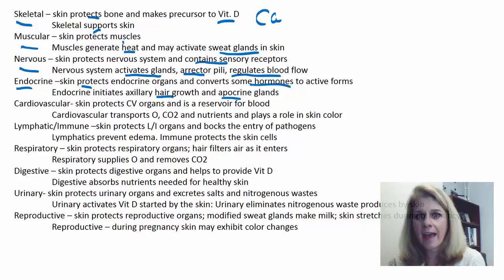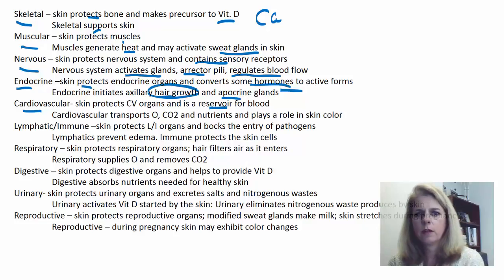When you get into adolescence, as a teenager, your estrogen and testosterone from your reproductive organs start to kick in, and that's going to cause you to go through puberty. You're going to get those stinky sweat glands, your apocrine glands, and you're going to start to have pubic hair and underarm hair growth. Cardiovascular. Again, skin protects your cardiovascular organs, but it's also a reservoir for your blood.